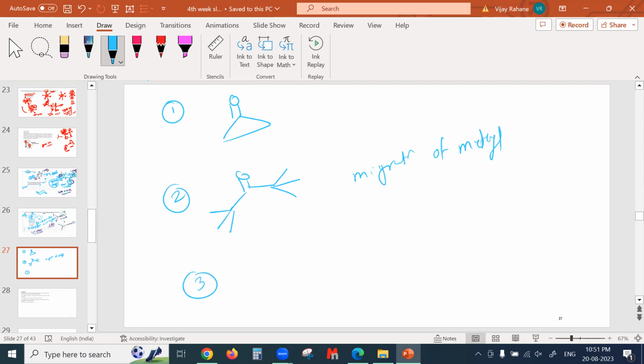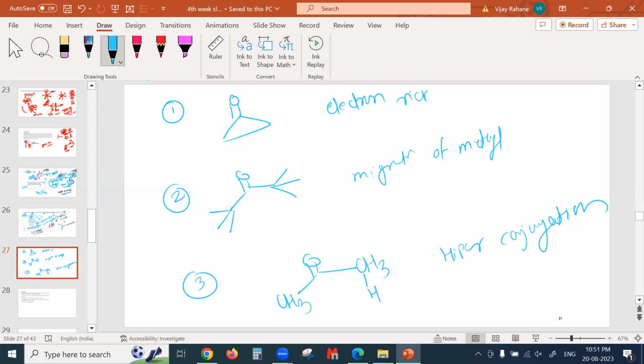And in the third one, we need to consider the hyperconjugation. These are three different factors, and they are not at all comparable to each other. I mean, we can't give a direct comparison here.